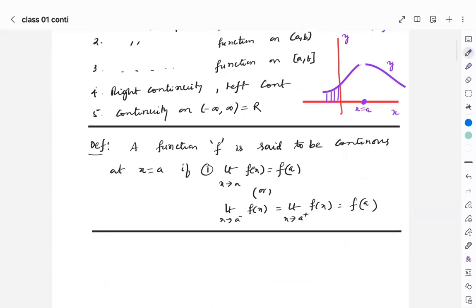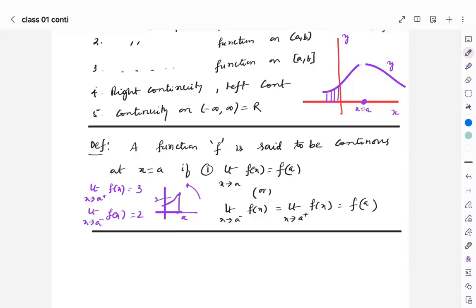Here, if I take limit x tends to a plus f of x as 3, limit x tends to a minus f of x as 2, the graph will be like this. At a minus it is 2, at a plus it is 3. I want to discuss its continuity at a.